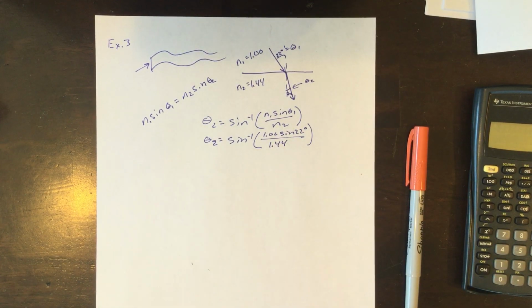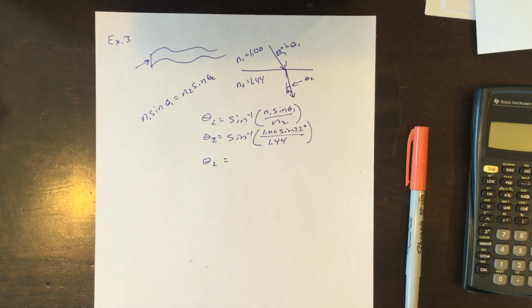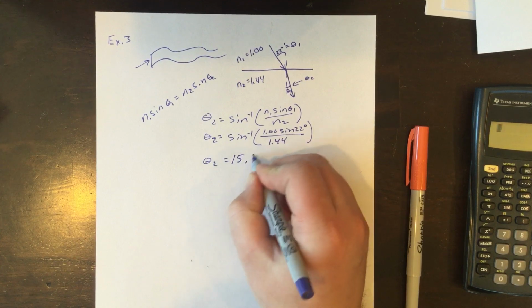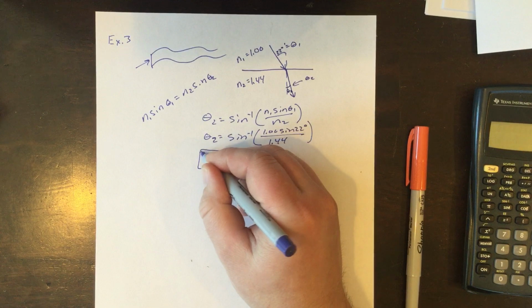I like my purple little Sharpie here. And we get a theta 2 equaling, what do we got here? 15.1 degrees. I should have paid a little closer attention to what the question was asking.